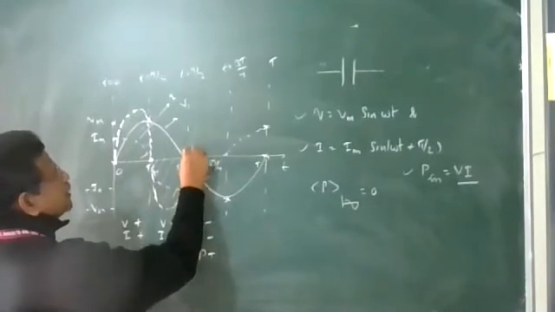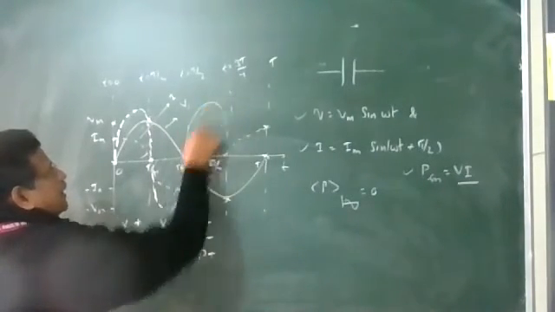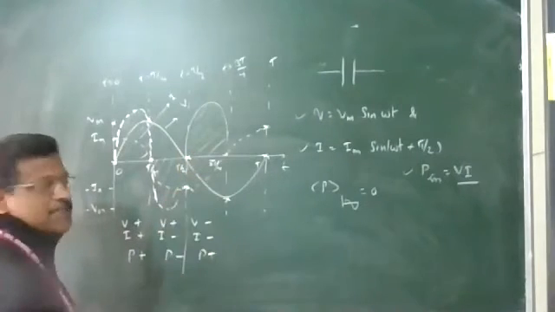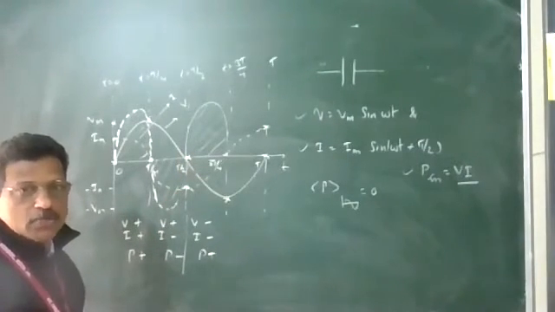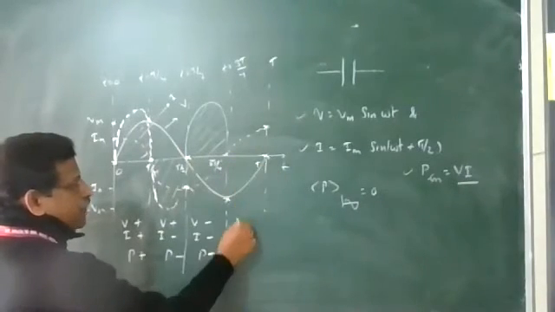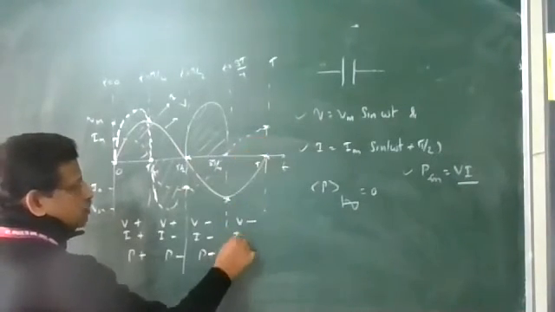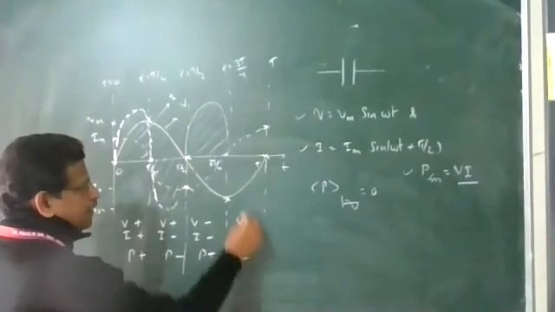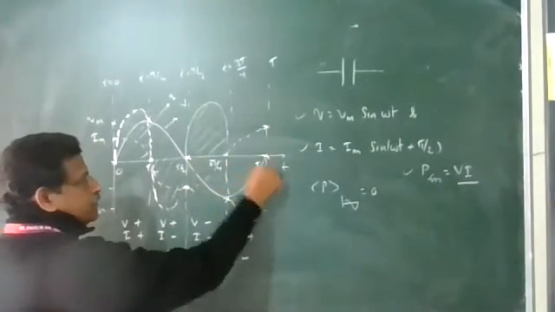That means power is positive means energy is taken from the source. P positive. And in the last interval, V is negative and I is positive, so P is negative. So it is given out.